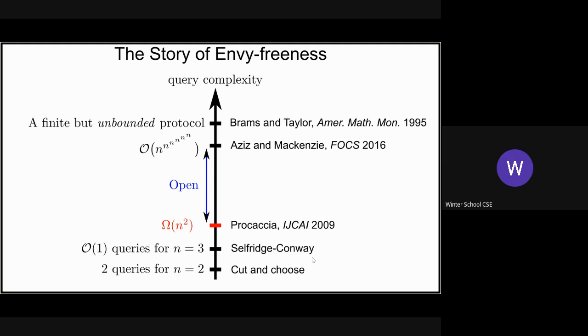So the key idea in their protocol is something that I skipped over. It's called the irrevocable advantage, which basically says that it's a recursive protocol. It comes up with an NV-free division of a partial cake, sets some of it aside, and then goes to that bit and divides it in an NV-free manner, and then goes on and on. So it does it in steps, and it creates something called irrevocable advantage, meaning in the first round I'm going to assign the partial cake in a way that, say Sushmita and I are the agents, I'm going to assign cake to Sushmita and myself in a way that even if I get any amount of the rest of the cake, Sushmita won't care.